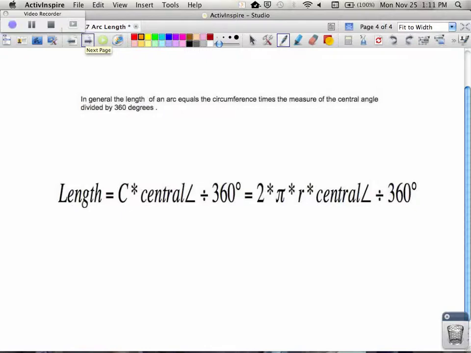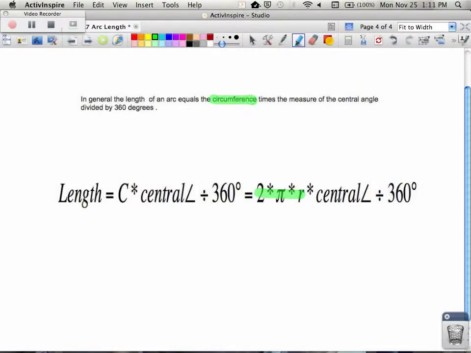So in general, the length of an arc is equal to the circumference times the measure of the central angle divided by 360. And the big idea, of course, is always find that circumference first. Here you'll see that circumference highlighted in green.